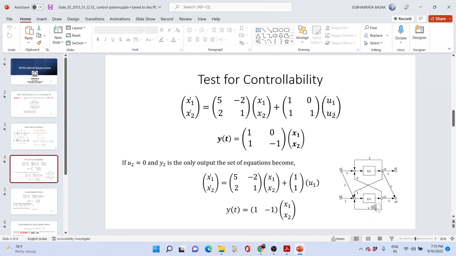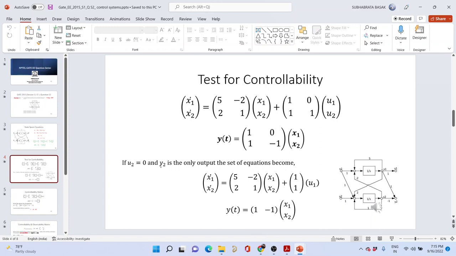I am setting u2 equal to 0. So the first column would remain. This column would go to 0 because this is associated with u2. That means this column is gone. So I am left with 1 and 1 of u1.